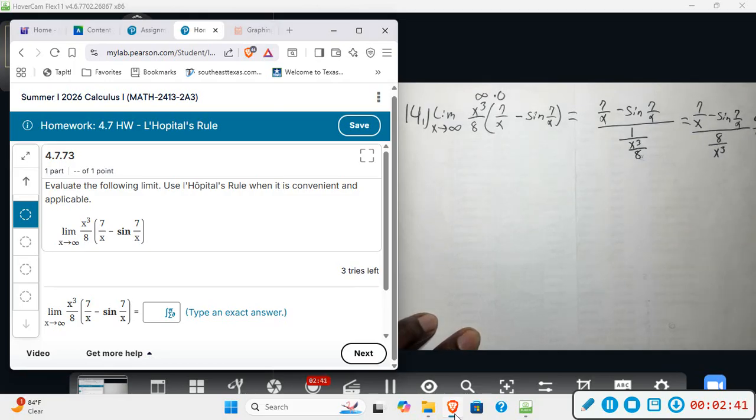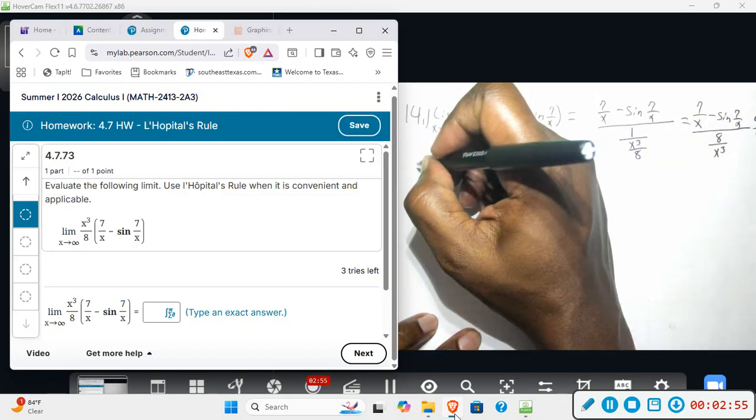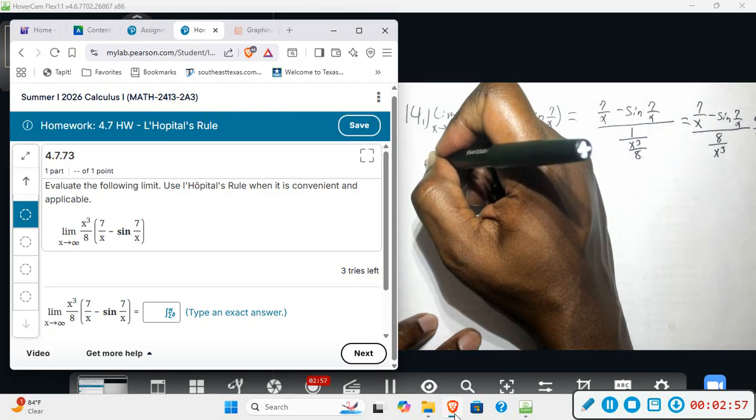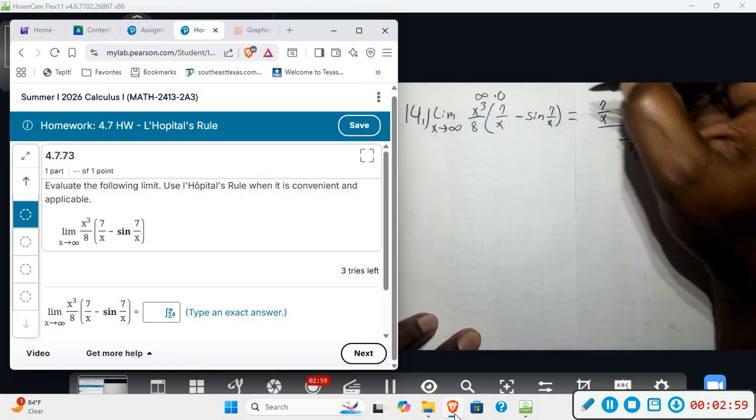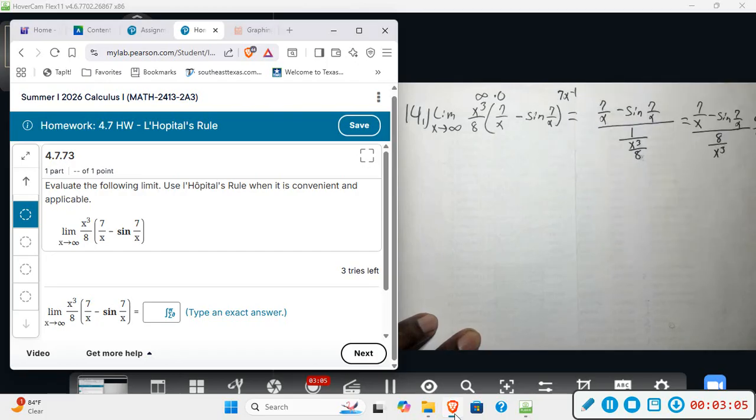So now we can do L'Hopital's rule. So we're going to do derivative of the top and derivative of the bottom, and then see what we get. All right, so we have to do quotient rule. So think of this as 7x to the negative 1, and same thing on the bottom.